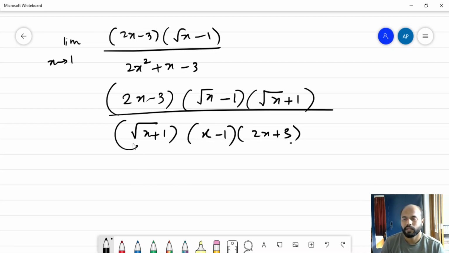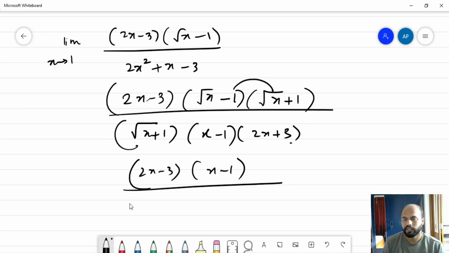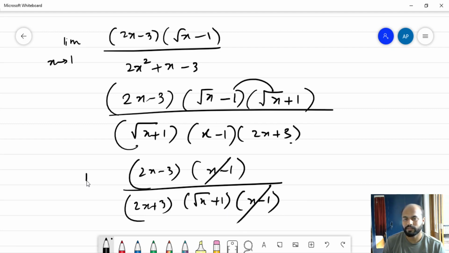That's what we get. So this, if we multiply, we are going to get 2x minus 3 into x minus 1. And here at the bottom, we are going to get 2x plus 3 root x plus 1 and x minus 1. So this x minus 1 goes.